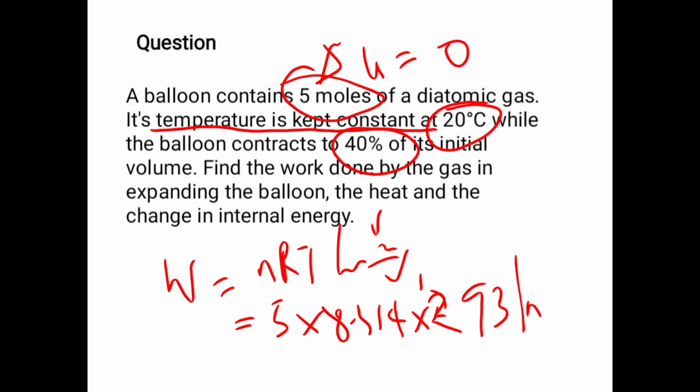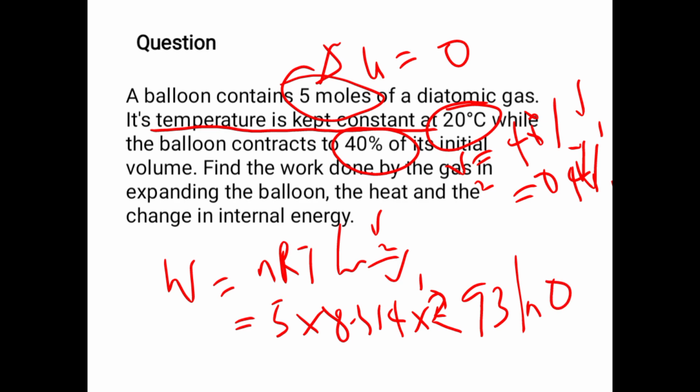It contracts to 40%. So since it contracts to 40%, that means V2 is equal to 40% of V1, which is 0.4 V1. So what that means is that V2 over V1 is 0.4. So I can come here and say 0.4. Please, you can calculate that and give me the answer in the comment section.